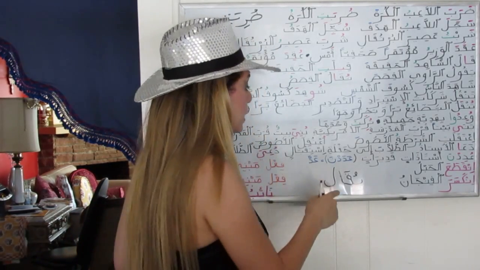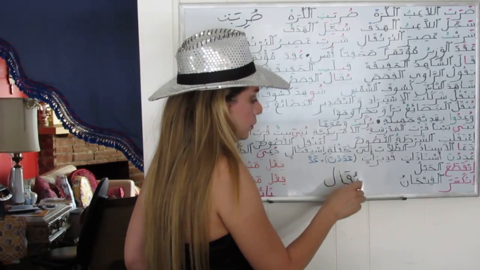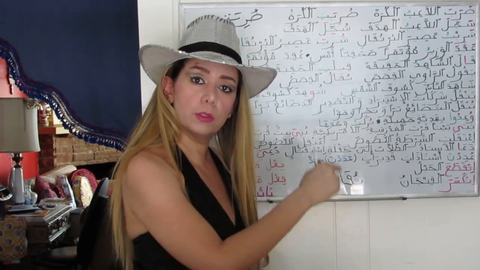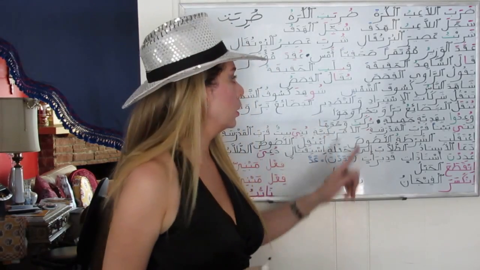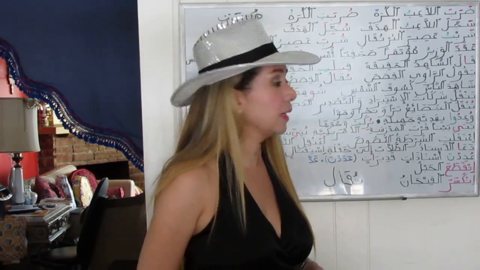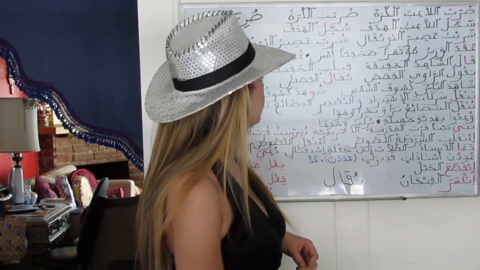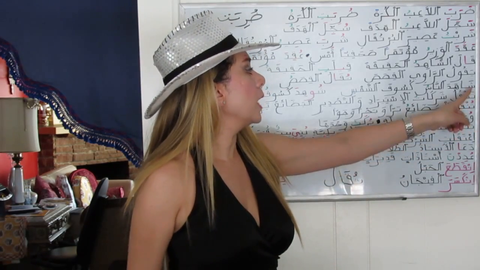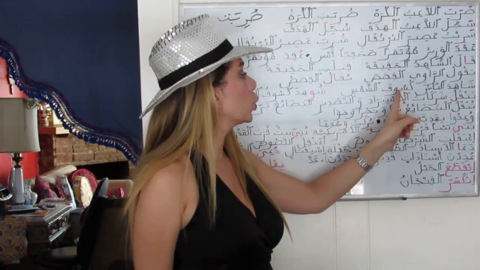Alright, so we say تقال. Tu, this is the prefix for this kind of conjugation. So تقال القصص. Stories are told, by someone, an anonymous one.